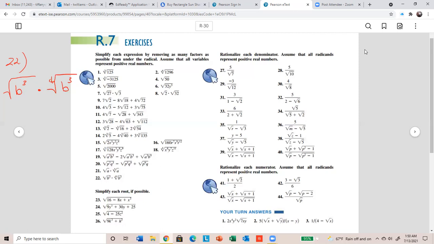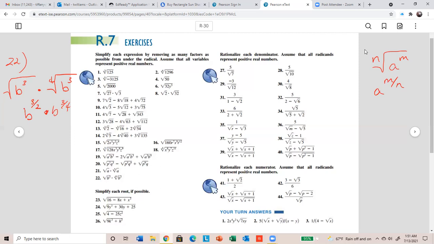I can rewrite the square root of b cubed to be b raised to the 3/2. And the reason I can, remember, the nth root of a to the m is equivalent to a to the m over n. I can write the fourth root of b cubed to be b raised to the 3/4. So instead of using radicals, I've switched to exponents.